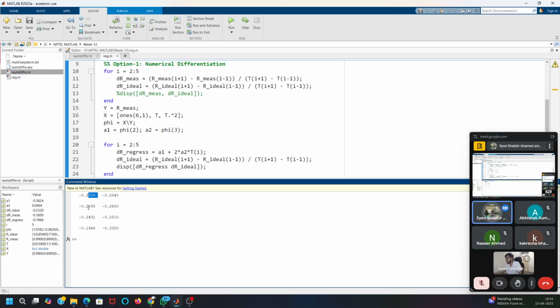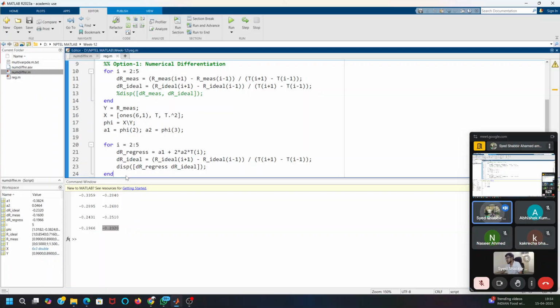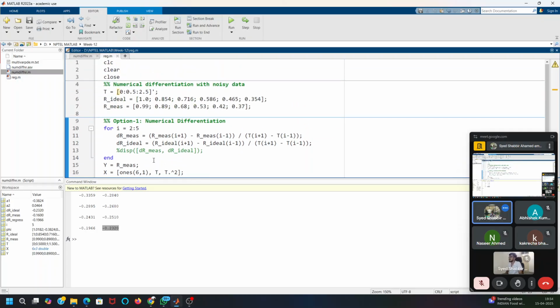So there is not much error in all the things. The error we can reduce in the numerical differentiation of measured values.